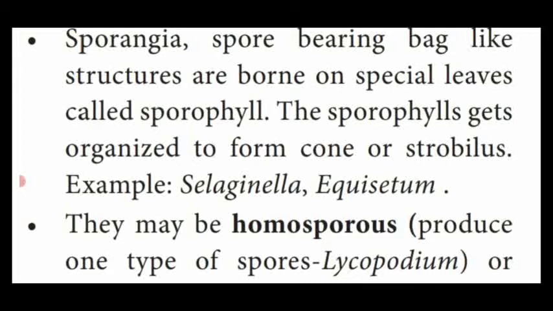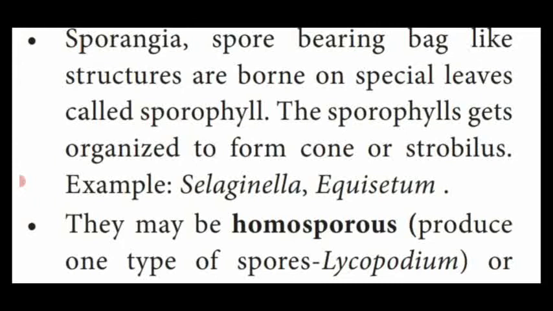Sporangia are spore bearing organs, in the shape of bag-like structures, developed on special leaves known as sporophyll. What is the meaning of sporophyll? Sporo means spore bearing organ. Phyll, what is that one? Leaves. So the spore bearing organs are developed on special leaves known as sporophyll.